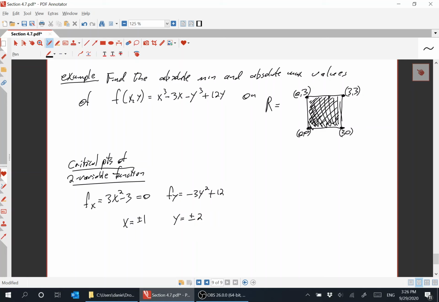Okay, so where is the critical point? Well, in this region, the x and y coordinates are all positive, so I can't use the negative ones. So this is positive 1, 2 right here.